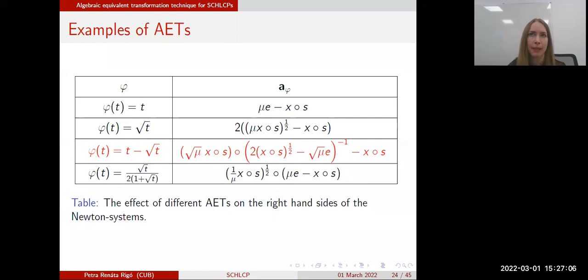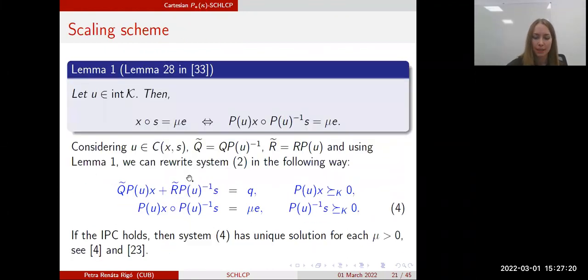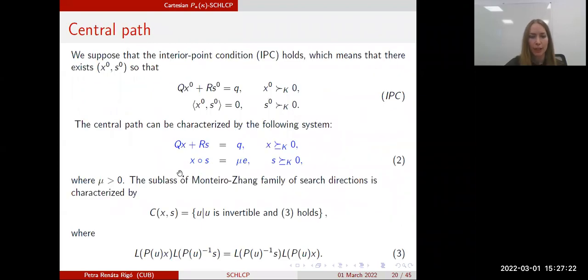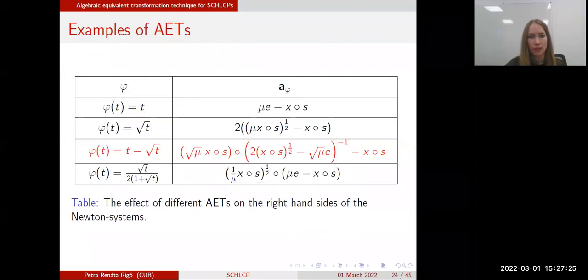So the identity map actually appears in many interior point algorithms, because this corresponds to the case when we perform no transformation here. So most of the interior point algorithms use this, even if they do not call it the AET approach. And in this case, the corresponding right-hand side is this one.